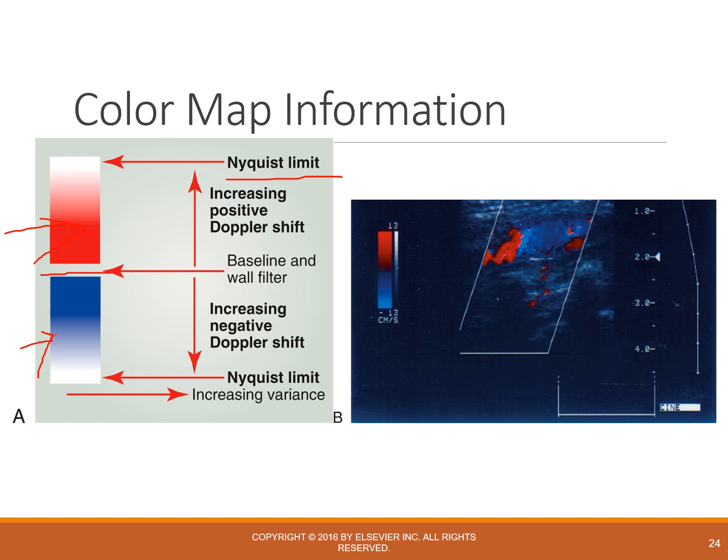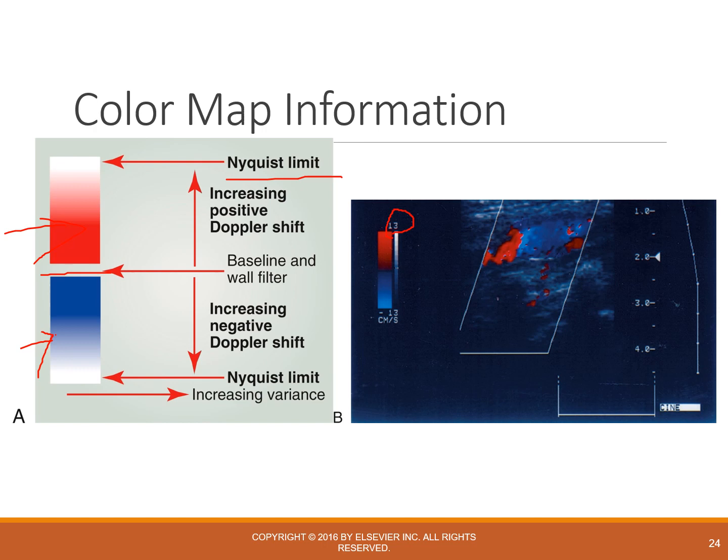This basically is, on a very simple explanation, the limit at which, if I have a velocity that goes over whatever my scale is, say in this case it's 13, if I have a velocity going 50, there would be no red hue to represent that velocity.